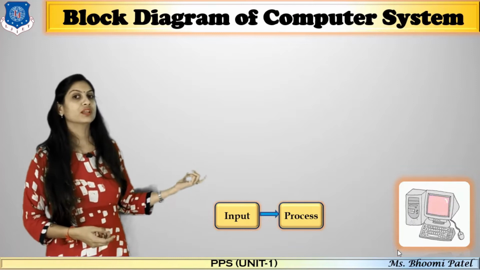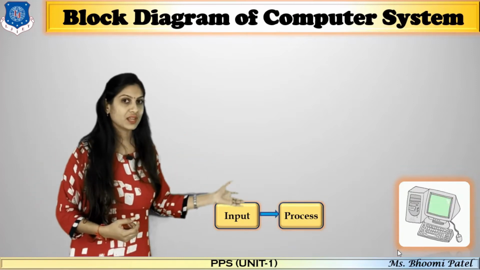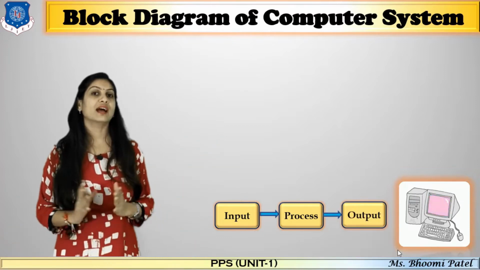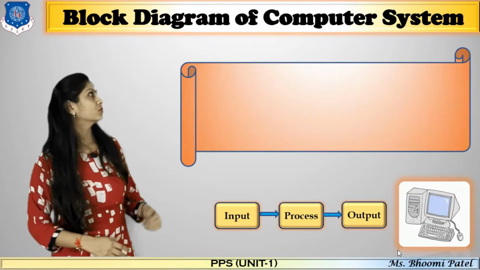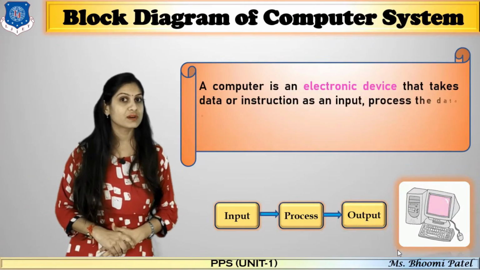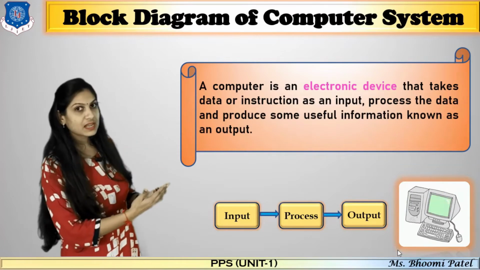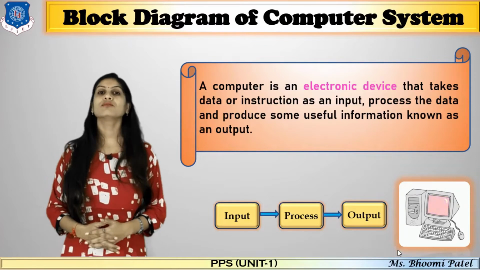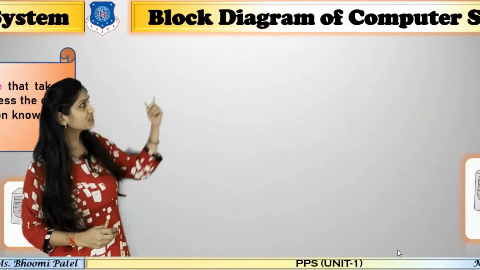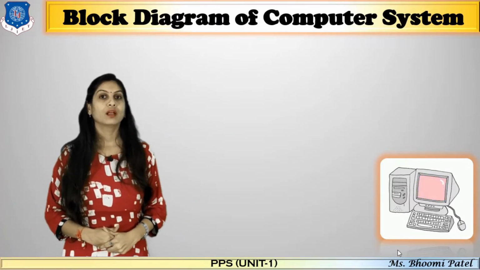That input is taken from the user, the computer processes that data and generates some meaningful information as an output. So the definition of computer is: it is an electronic device that takes data from the user, processes that data and generates meaningful information as an output.